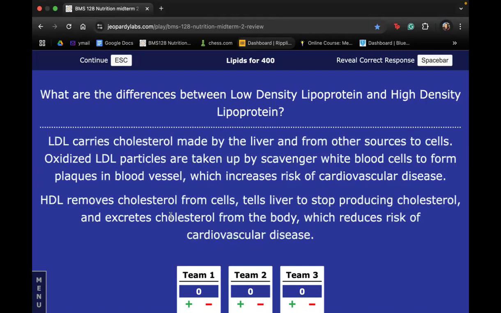LDL carries cholesterol made by the liver and from other sources to cells.